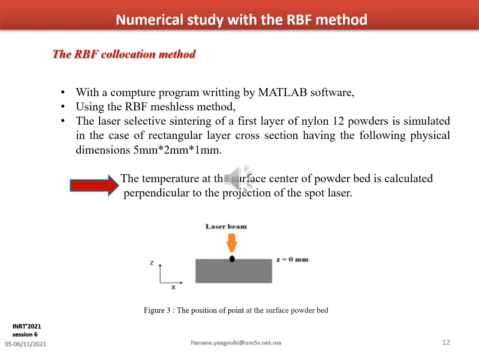Here, with a computer program written in MATLAB software and using the radial basis function meshless method, the laser selective sintering of the first layer of nylon 12 powder is simulated in the case of a rectangular layer cross-section having the following physical dimensions. The temperature at the surface center of the powder bed is calculated perpendicular to the projection of the support.